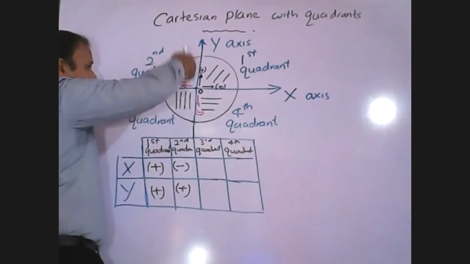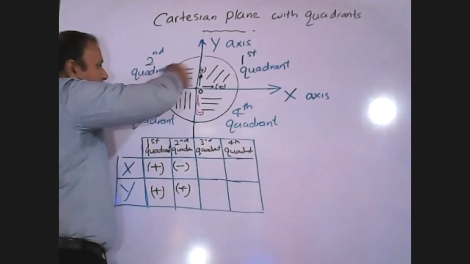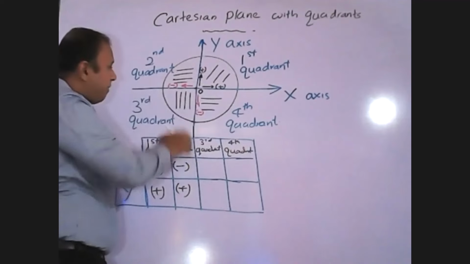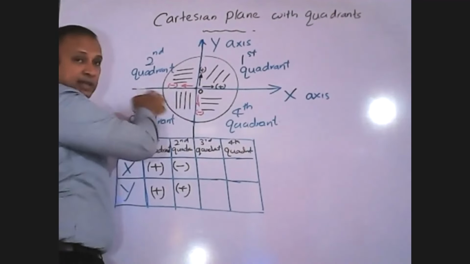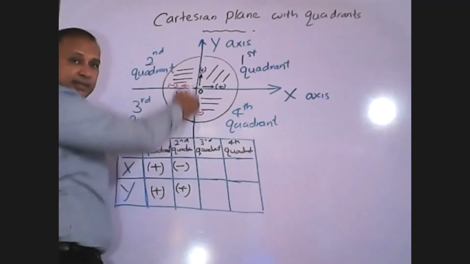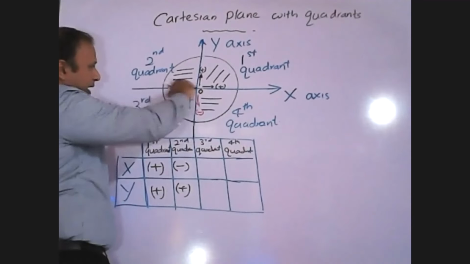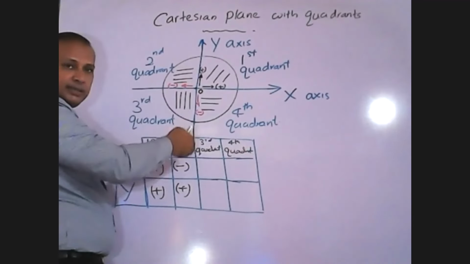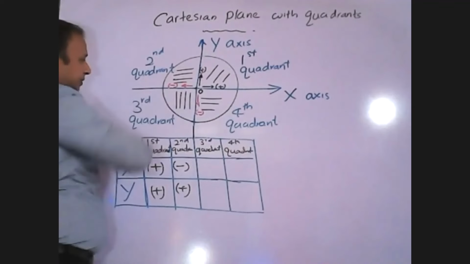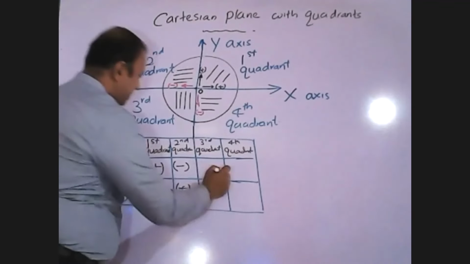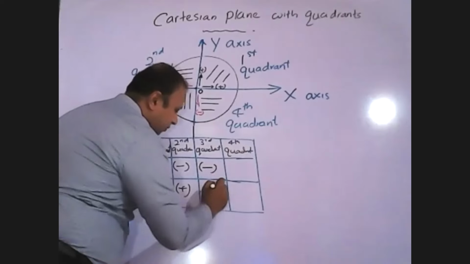Look at the third one. It is formed by the negative x-axis and the negative y-axis. So in the third one, the x value is negative and the y value is also negative.